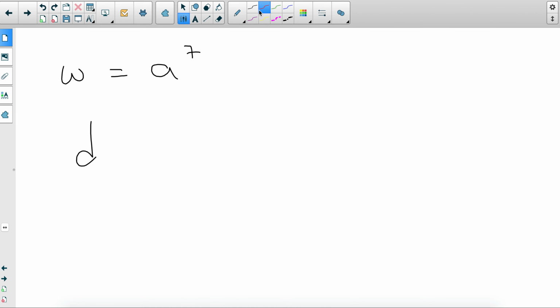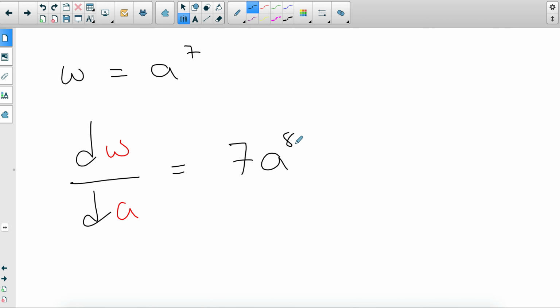This time it's going to be dw over dA. So if they say find dw over dA, well, it just means find the derivative of this function. And you're going to apply the same rule, so this will be 7a to the power of 8.